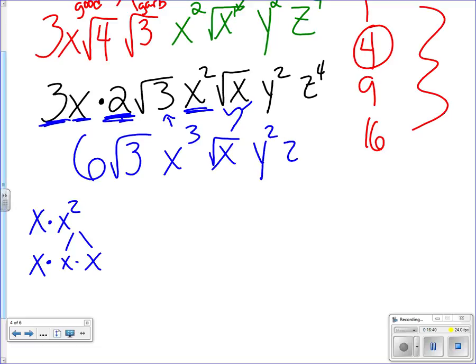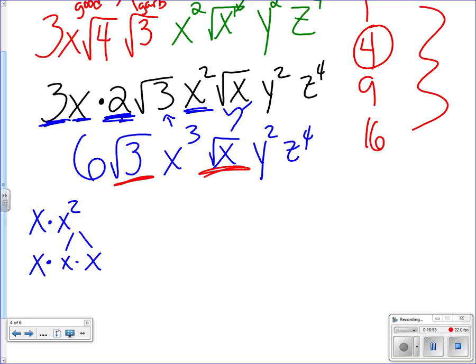Now, for me, honestly, that's actually okay. For some people out there, teachers, instructors, whatever, they maybe like combining these since they are considered to be like terms. So I'm going to go ahead and show that too. We would end up with still 6 on the outside.